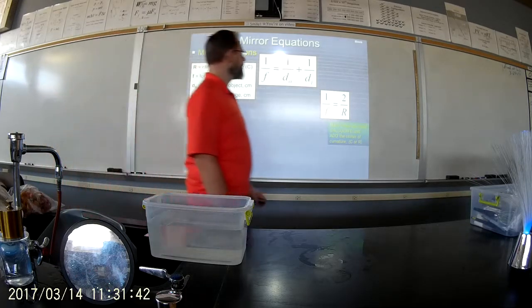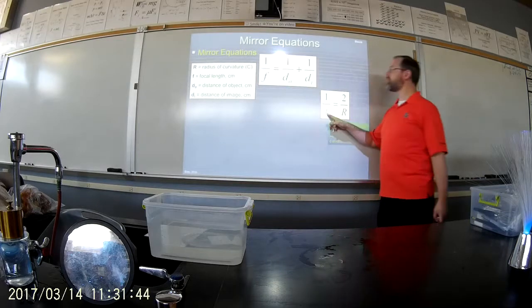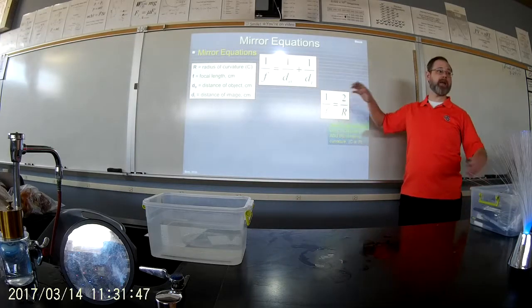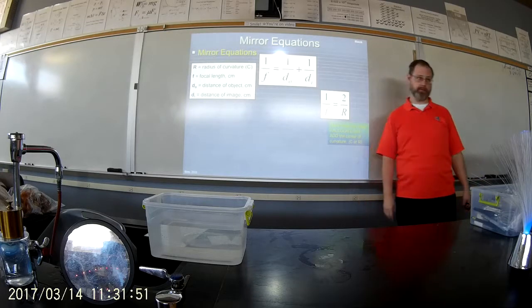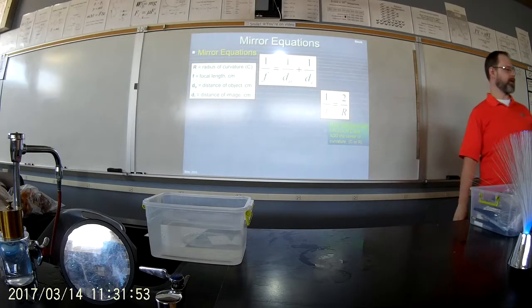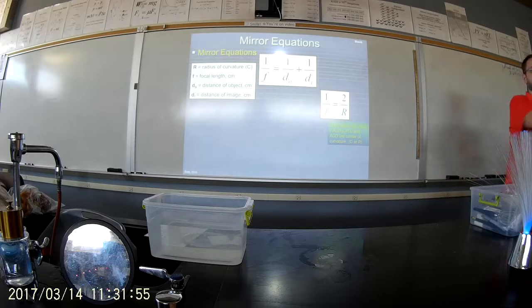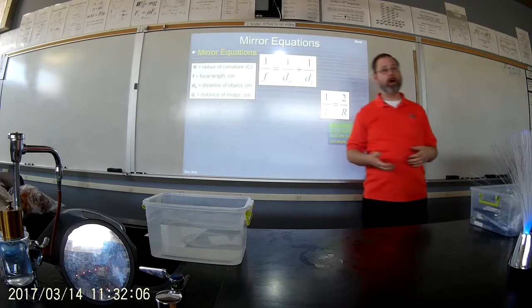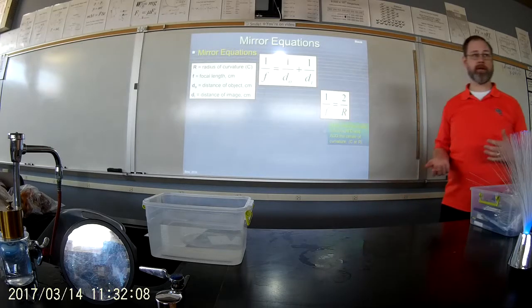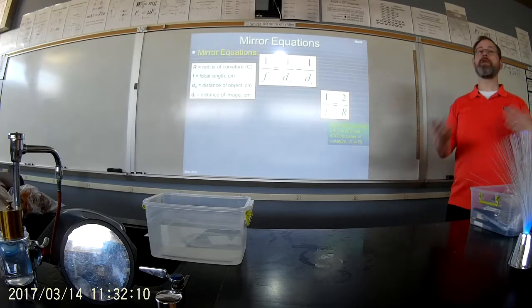This formula relates the focal distance of a convex or a concave mirror to its radius of curvature. And it's kind of goofy. Now, when you're doing exercises, you may be given the radius of curvature of a mirror, or you may be given its focal length, because one can give you the other.